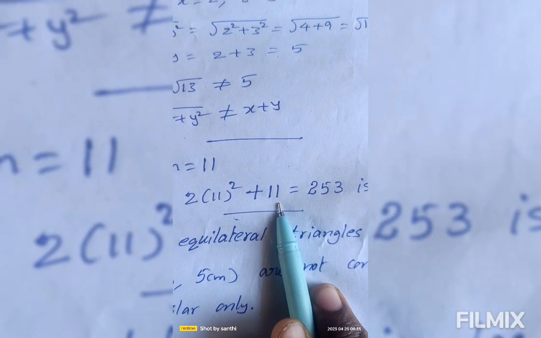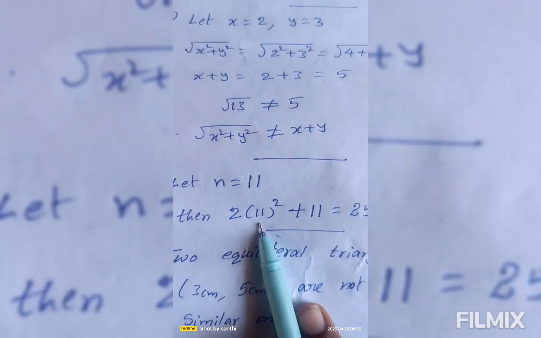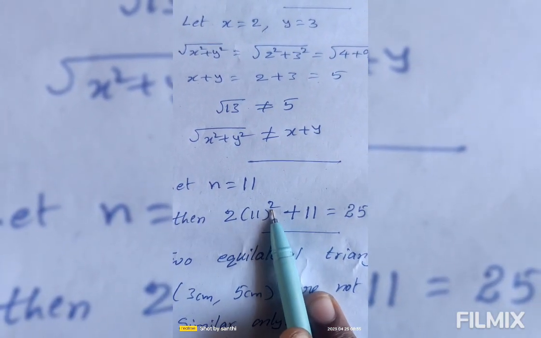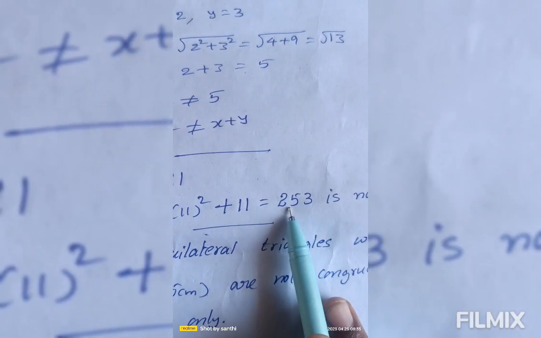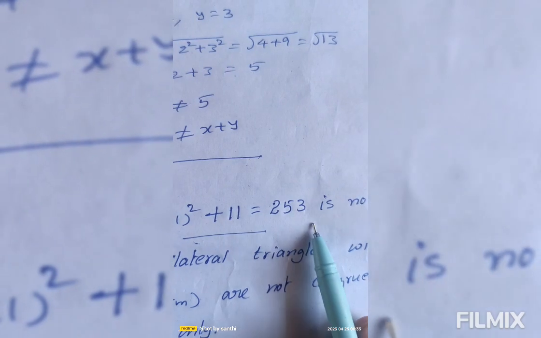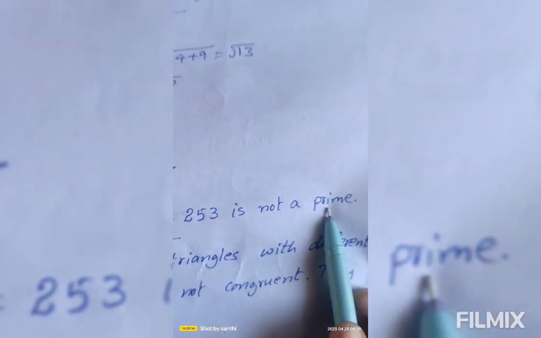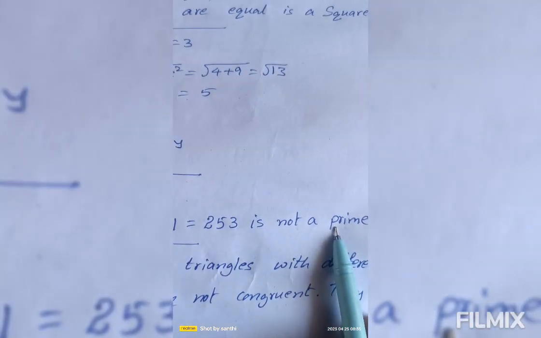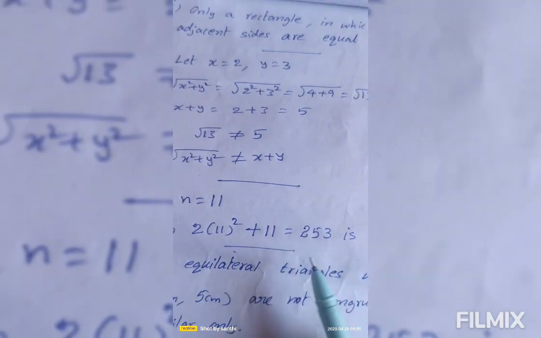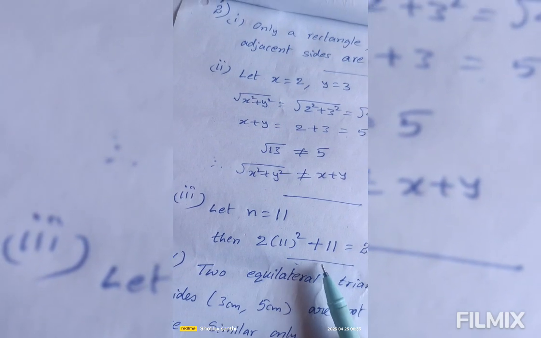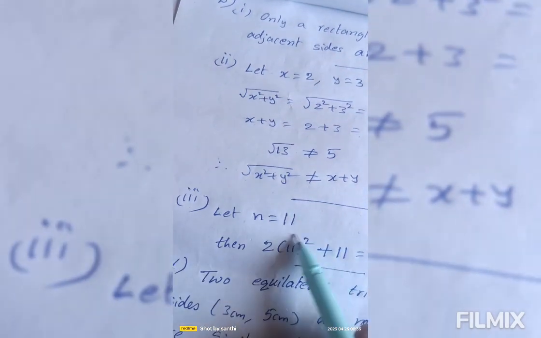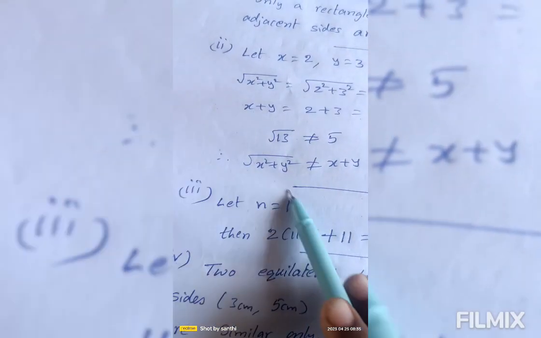In the given expression 2n square plus 11, in place of n you have to substitute 11. 11 square is 121, into 2, plus 11. It gives 253 and it is not a prime number. Okay, 253 is not a prime number. And they have given in the question that 2n square plus 11 is a prime. Therefore, we can say the given statement is false for n is equal to 11. Therefore, n is equal to 11 is the counter example.